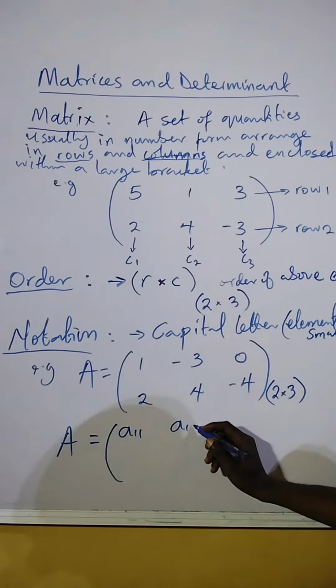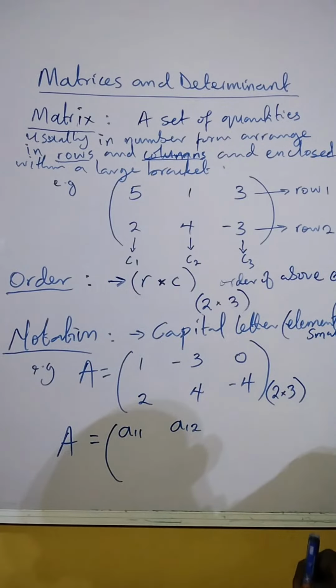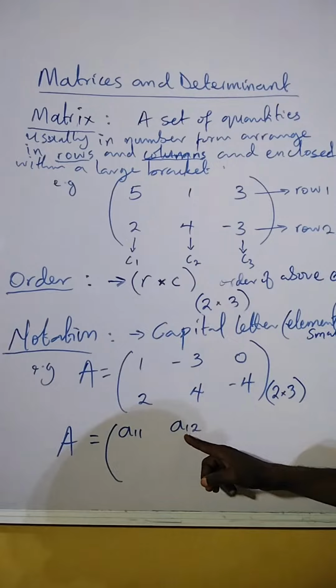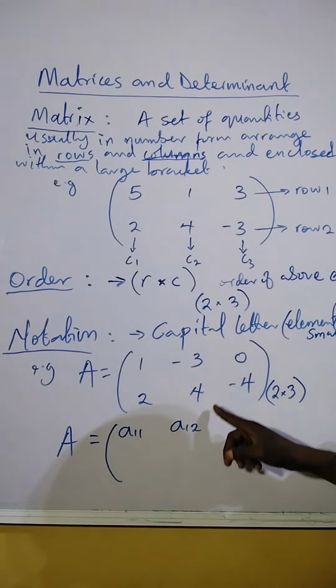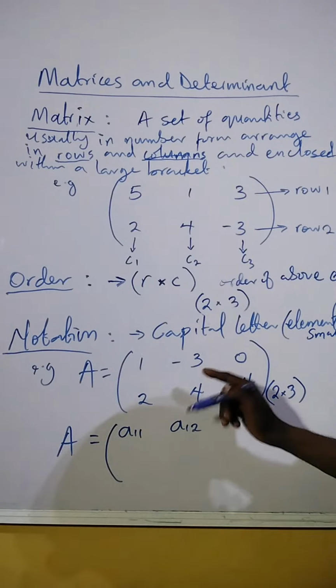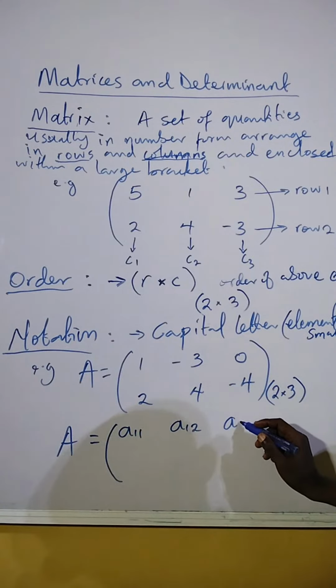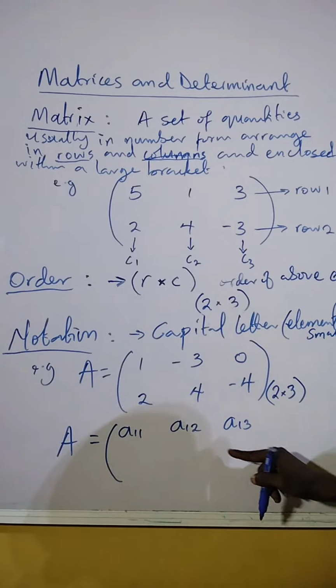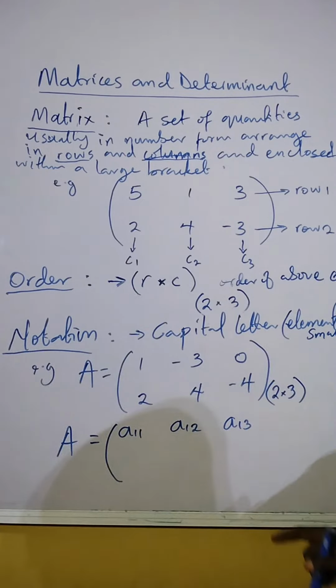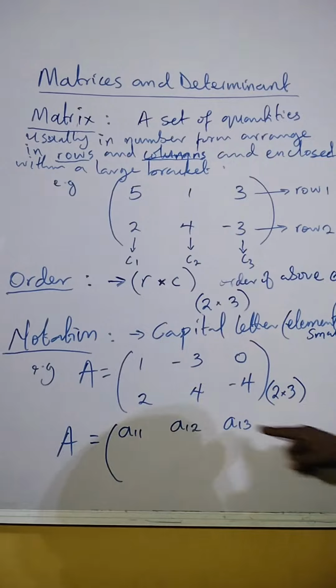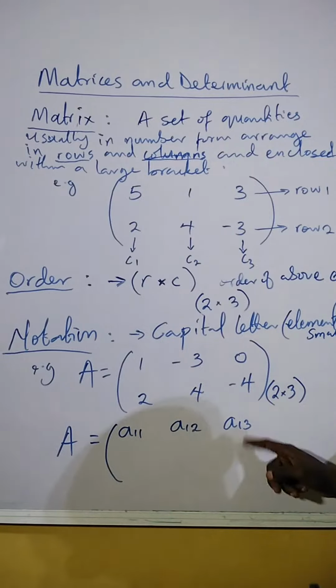That's A12. In the subscript we are writing here, the first one means row, the second one means column. So row 1, column 2. And here we have A13 now. We are still in row 1, then column 3. So the first number serves as the row, and the second number serves as the column.